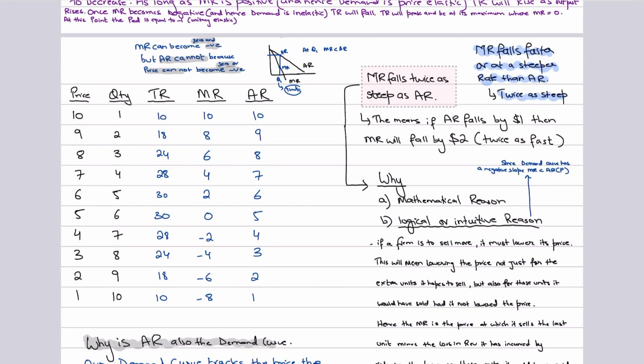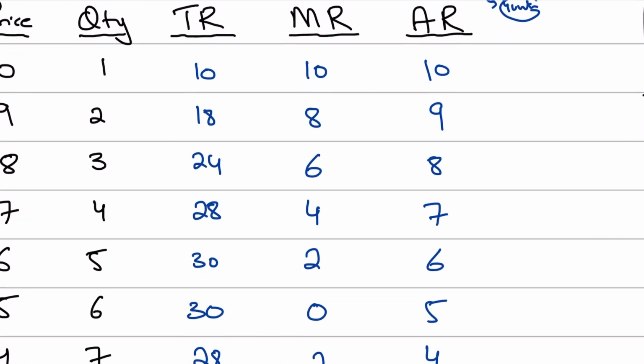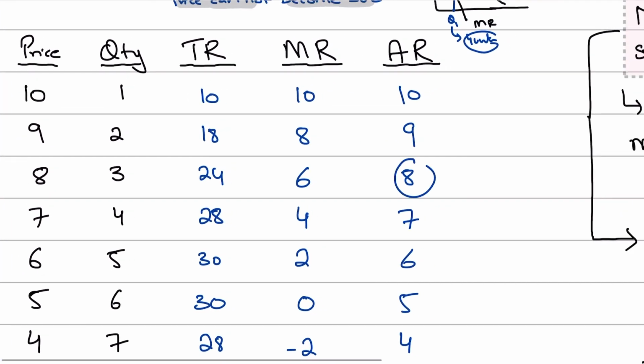Anyways, let's see why MR falls faster than average revenue. Why is it that, let's say, on day 3 our average revenue is 8 and our marginal revenue is 6? And why is it that on day 2 our average revenue is 9 while marginal revenue is 8? Why is marginal revenue less than average revenue?